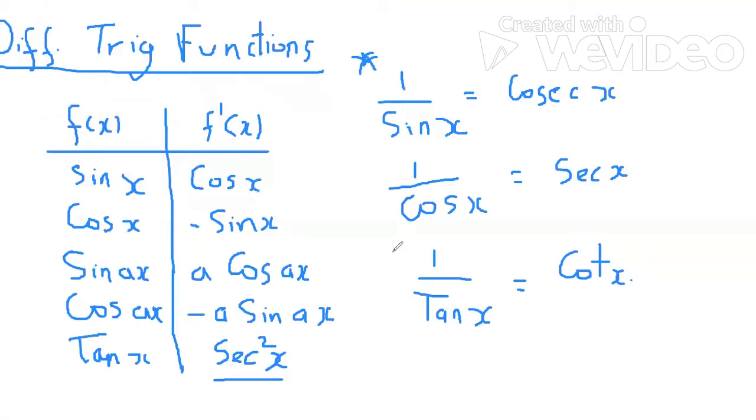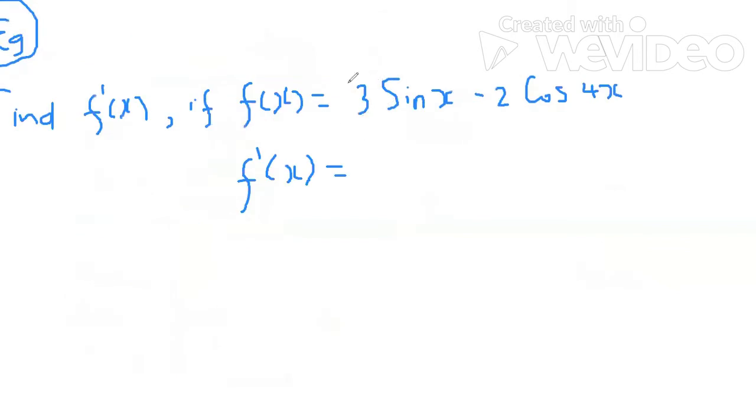Cosine. But you notice there's a 3. Let us ignore the 3. In other words, nothing happens to this 3. So we're just going to differentiate the sine x. And when we differentiate sine x, what do we get? Cos x. So the answer for this part is just 3 cos x.